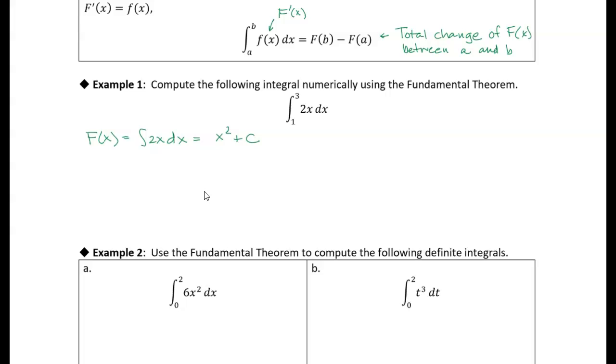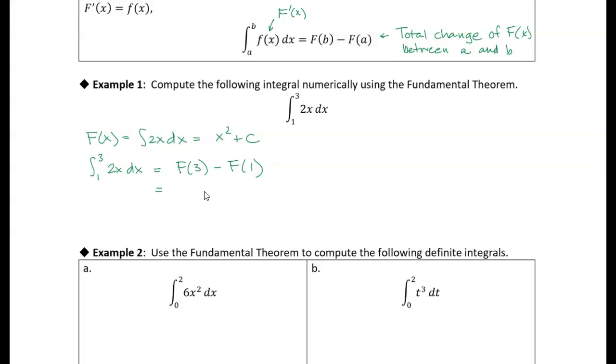All right, so now the integral from 1 to 3 of 2x dx, the definite integral, is just the difference. It's F of 3 minus F of 1. Okay, that's what the fundamental theorem of calculus tells us. So now, because we know the antiderivative, we can just plug in the numbers.